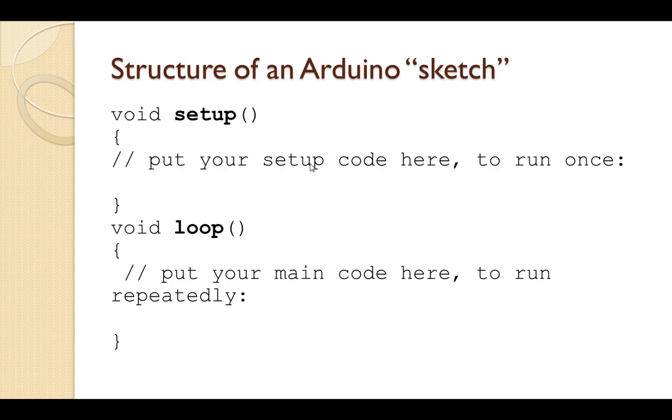So how we configure them, whether it is an input or an output, is explained in this part. In void loop, you will be writing the main code. Since it is an embedded system, it has to work in an infinite loop, so we put it in void loop.